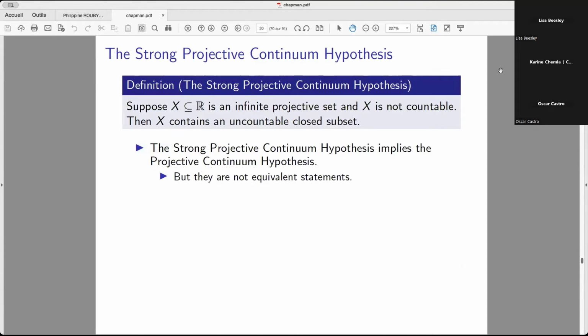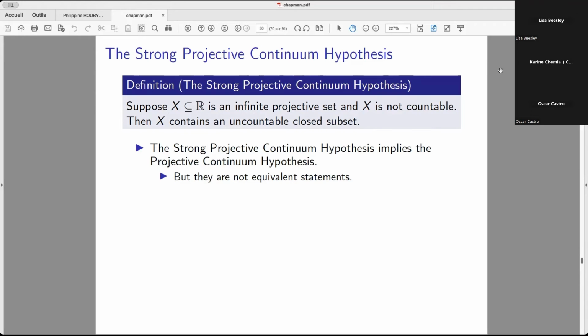But we can strengthen the projective continuum hypothesis to the strong projective continuum hypothesis. That asserts that if you have an infinite projective set and it's not countable, then it contains an uncountable closed set. Closed sets are projective. The strong projective continuum hypothesis implies the projective continuum hypothesis, but they are not equivalent statements.